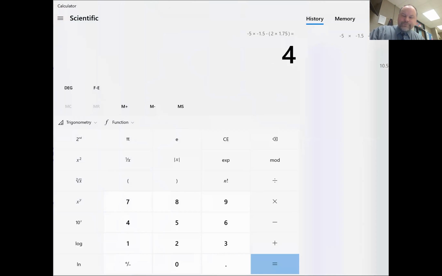And that equals 4. And in my original equation, I should have it equal to 4. So that worked out just fine.